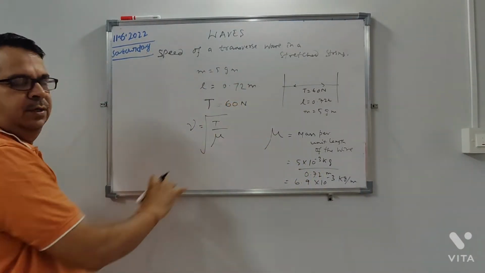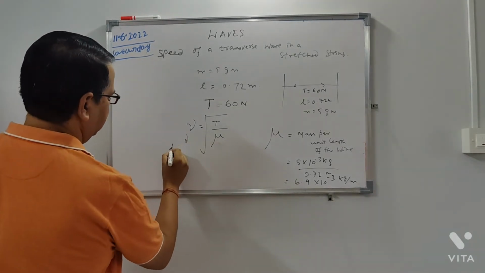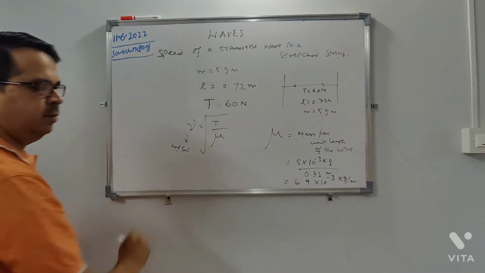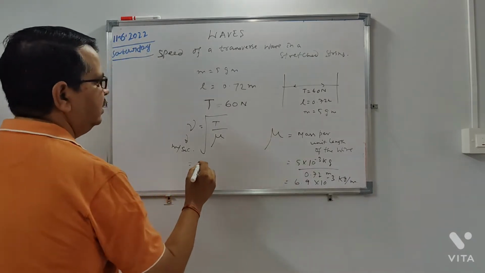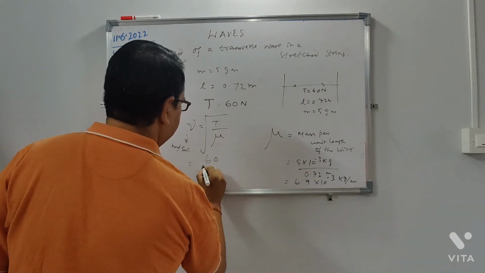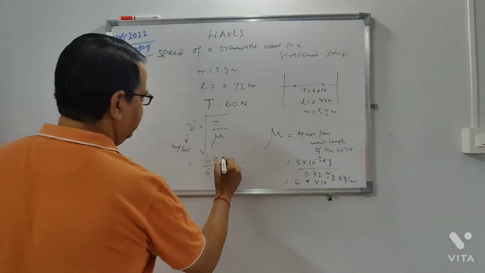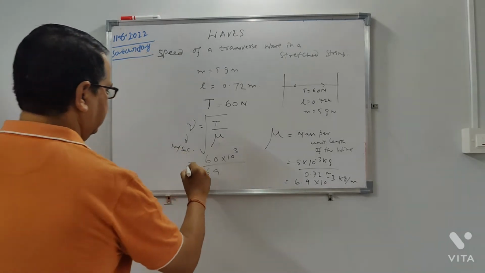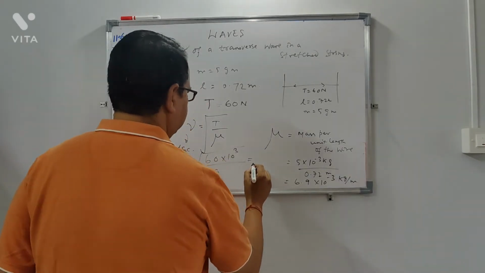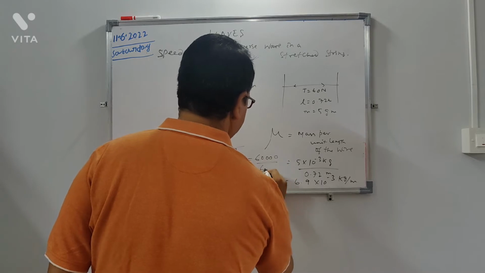This is in Newton. So when you have consistent units, you need not bother. Now I'll get this velocity in meter per second. So this will be 60 divided by 6.9. This 10 to the minus 3 will go to the top, so this is the square root of 60,000 divided by 6.9.